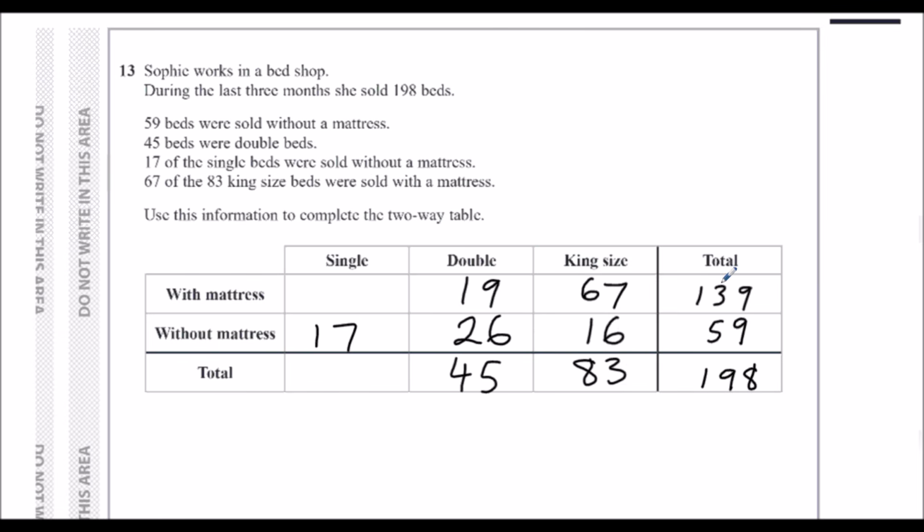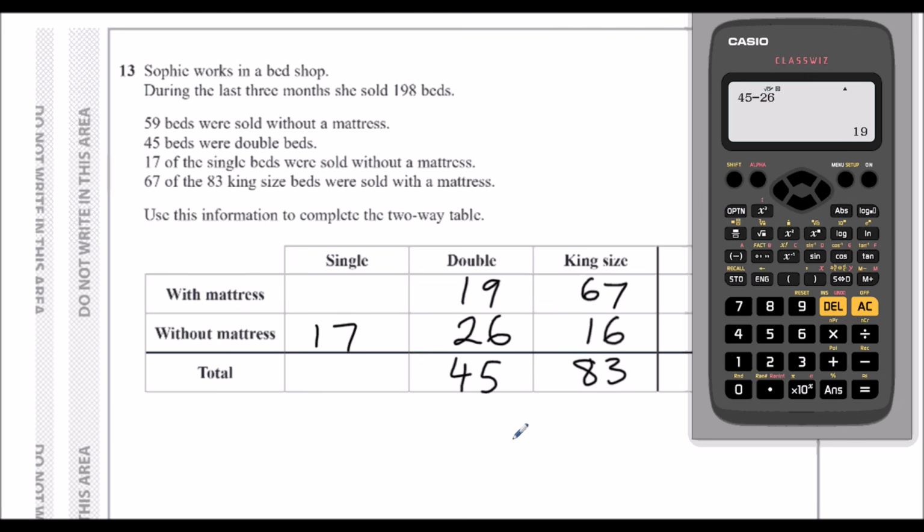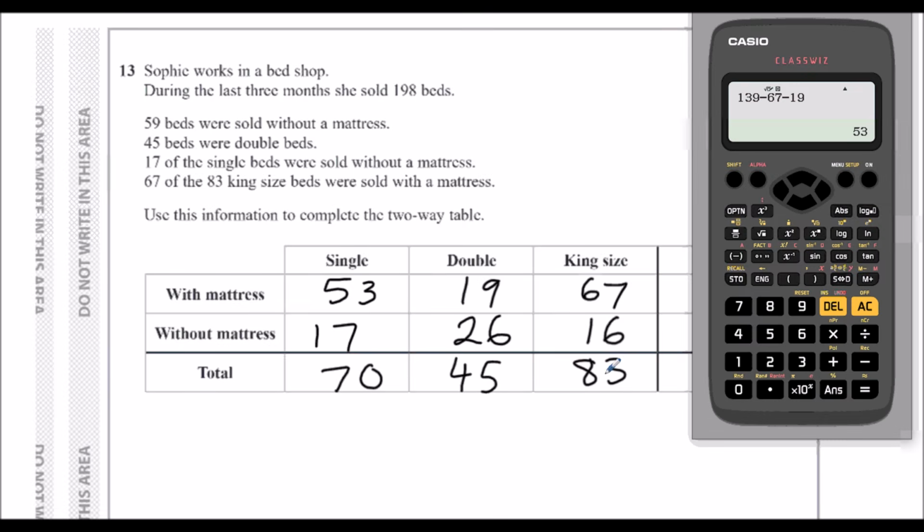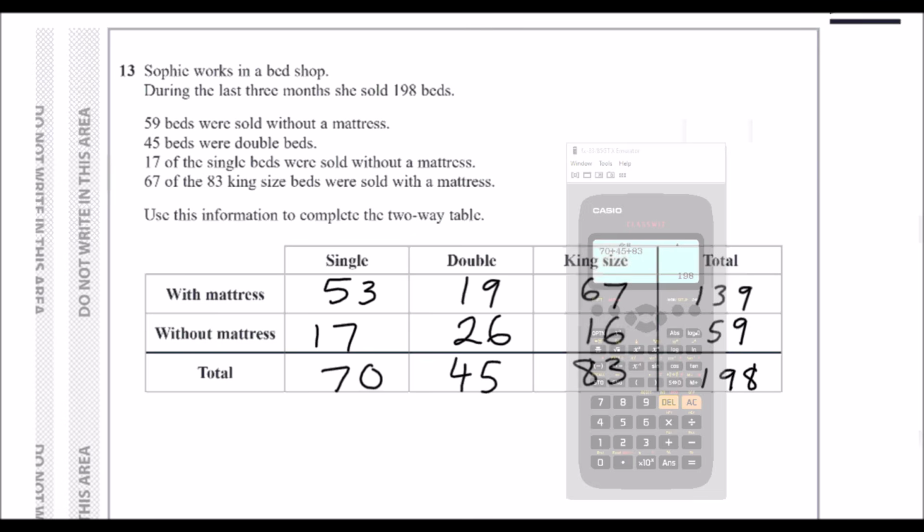Then we could do 139 take away the 67 and the 19, which is 53. And then 53 and 17 makes 70. And hopefully this line will work. So just to check, 70 plus 45 plus 83 is 198.